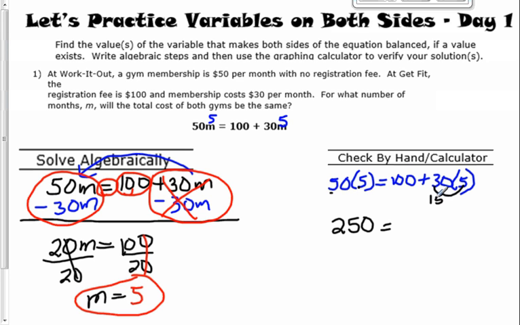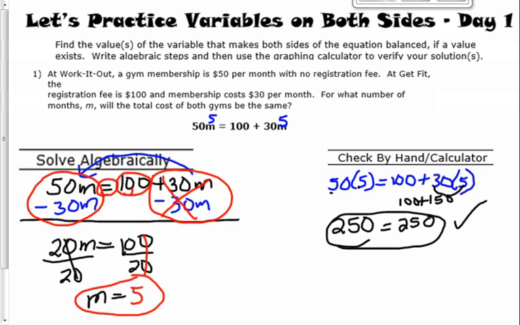So 150, plus the 100 that was already there, is going to give me 250. Now, I'm not using a calculator, so I was showing you the work step by step for those of you who do not have calculators. So since 250 is equal to 250, my answer is correct. Now, you do not have to graph tonight because you don't have access to a graphing calculator. So don't worry about that.